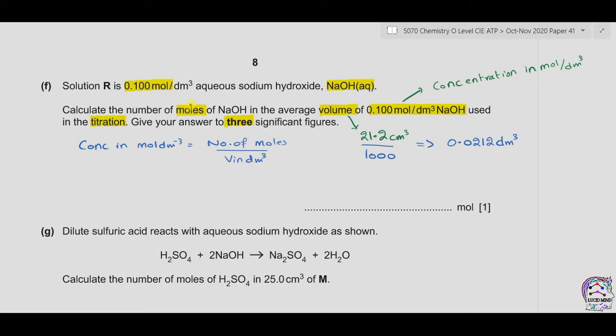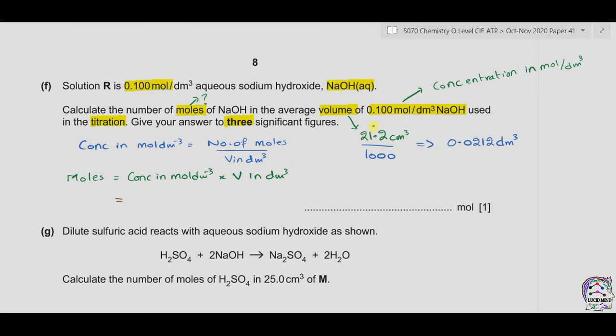As we have to calculate the number of moles, by rearranging this formula we can write moles is equal to concentration in mole per decimeter cube multiplied by volume in decimeter cube. Now we can put the values.